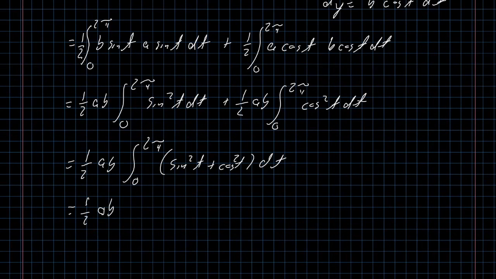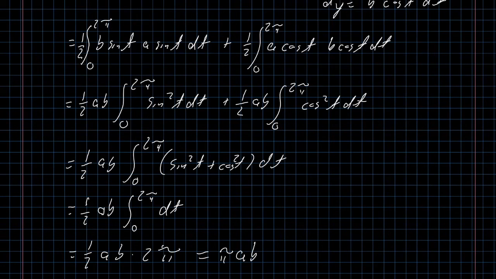So we have 1/2 ab, the integral from 0 to 2 pi of dt. All right, that's going to give me t, evaluated at 2 pi gives me 2 pi, evaluated at 0 gives me 0. And all told, I get that the area of an ellipse is pi times a times b. And yes, that's actually the easiest way of dealing with that.